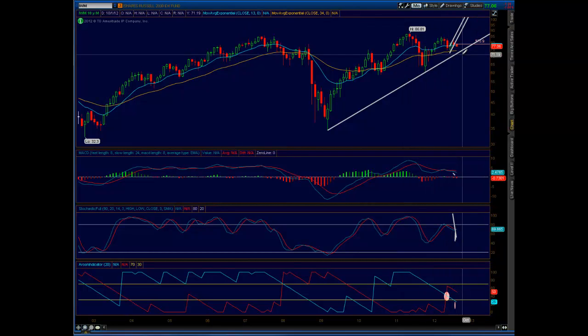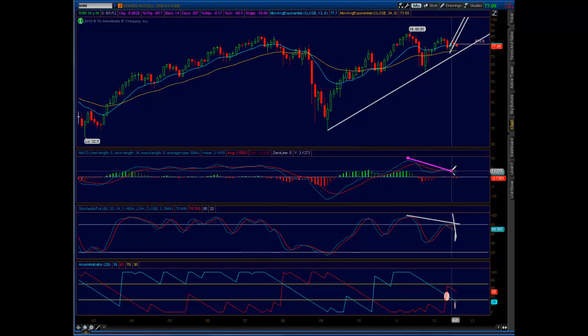It means that more than likely this trend line is not going to hold. You can also see on the monthly the bearish divergence on the stochastic and also on the MACD moving averages, also meaning that this move up was very weak. Both oscillators are saying the same thing.